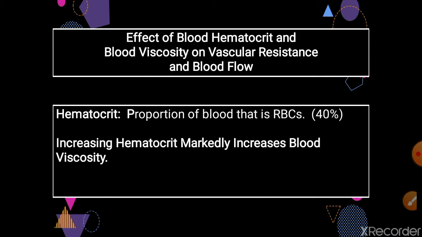These cells are about 40% of the total blood, and this is known as the hematocrit. As the hematocrit increases, the viscosity of the blood increases, the resistance increases and the blood flow decreases.